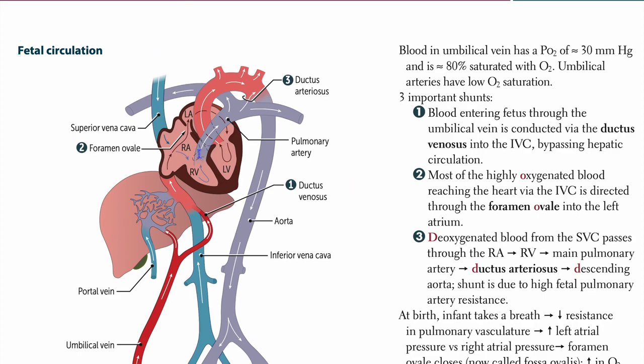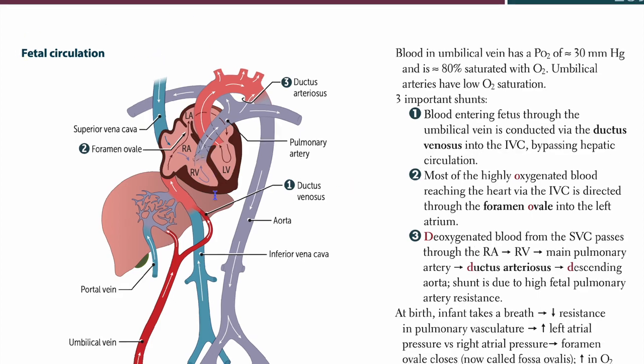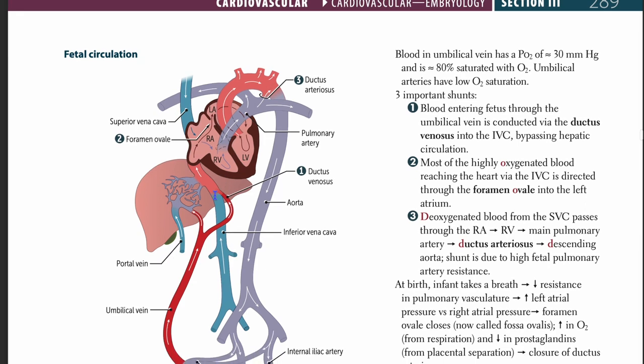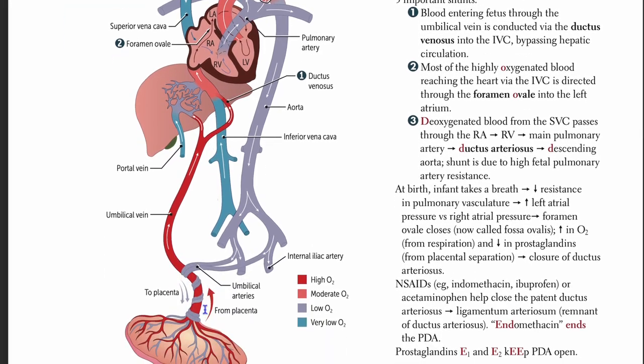Fetal circulation. So this is an important topic. The questions can come like, which vessel takes out the deoxygenated blood from the fetus, or which one brings in the oxygenated blood from the mother, or which artery travels through the fetus that carries the oxygenated blood, or vice versa.